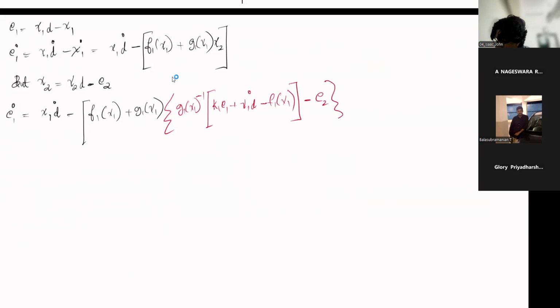So I'll just close this bracket and the square bracket as well. Where this entire term is x2 desired, and this entire term inside that red bracket would be x2.